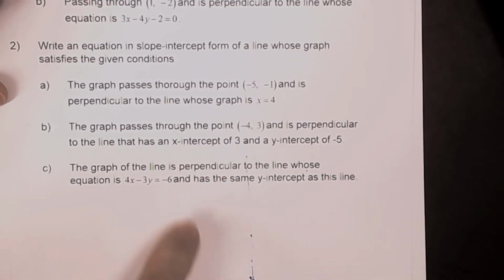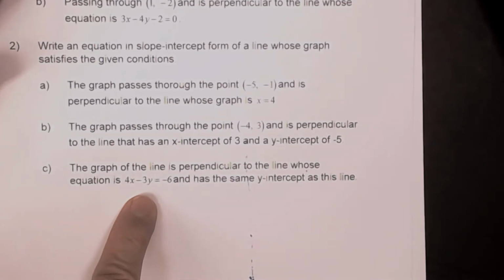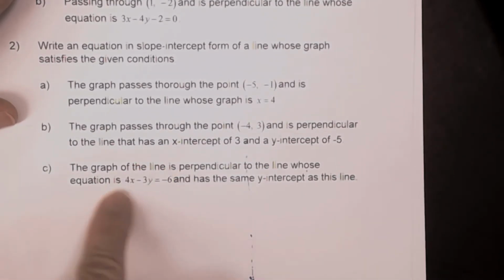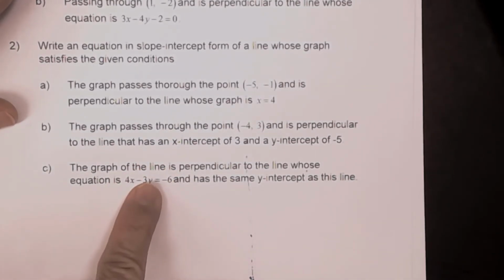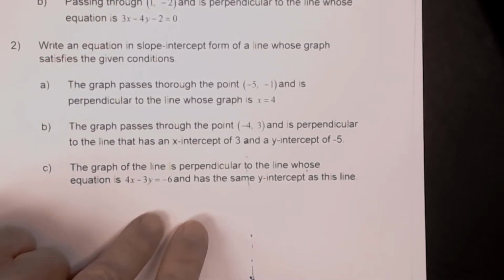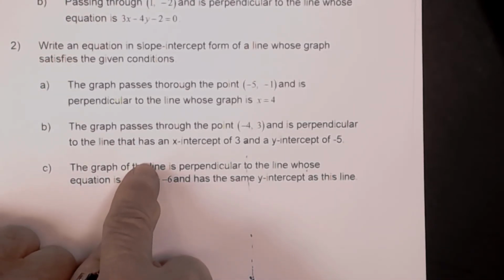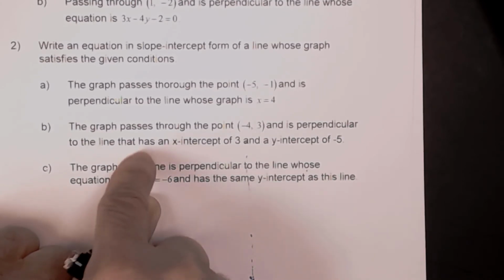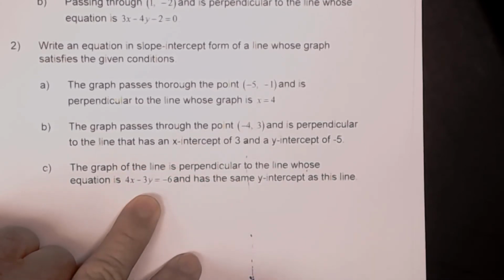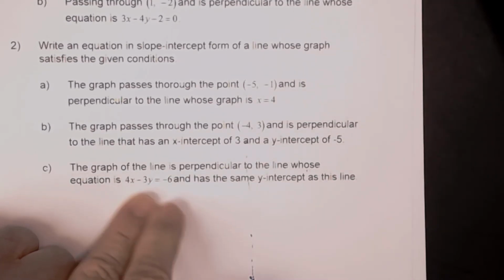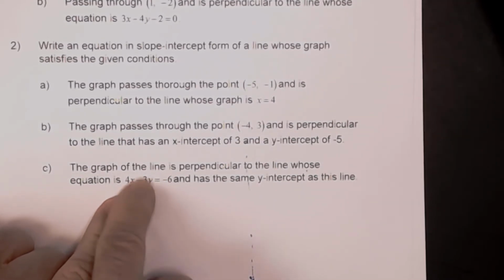It looks like, what in the world are you talking about? Well, you have the equation of this line, and the line you're interested in is perpendicular to this one. And those two lines, you're told, have the same y-intercept. That's all you're told.